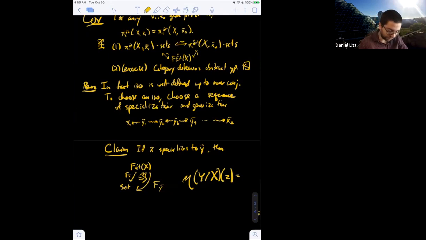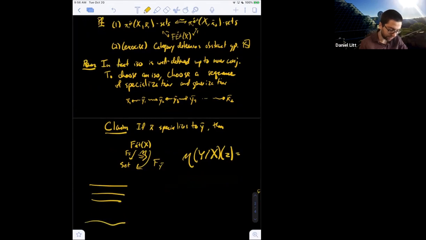So maybe let me draw the picture, if that'll help. Here's some kind of étale cover of some base x. And then I have a point x, which specializes to a point y. And an element of the fiber over x, and I want to construct an element of the fiber over y. How do I do that?